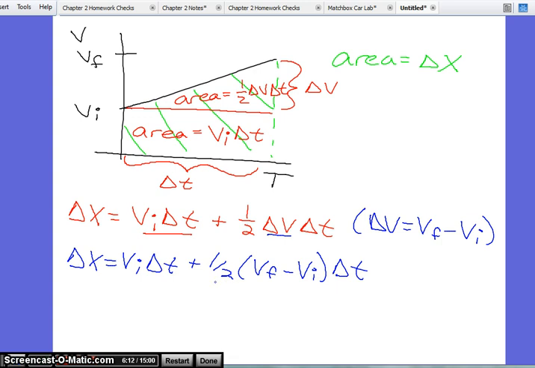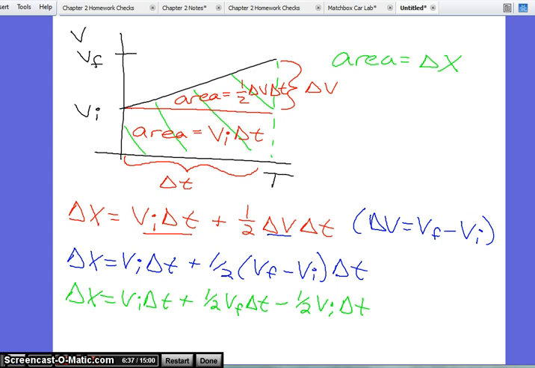Then let's distribute the 1/2 and the delta t to both vf and vi. So then we can get delta x equals vi delta t plus, so the vf gets the 1/2 and the delta t, and the vi gets the 1/2 and the delta t.